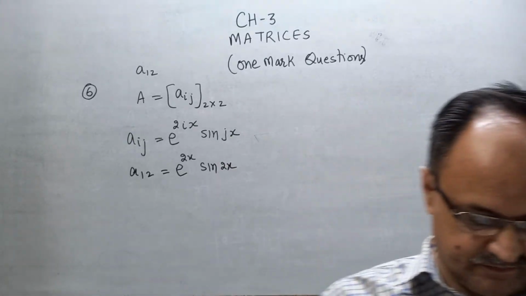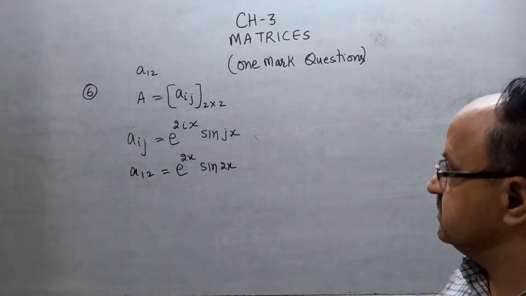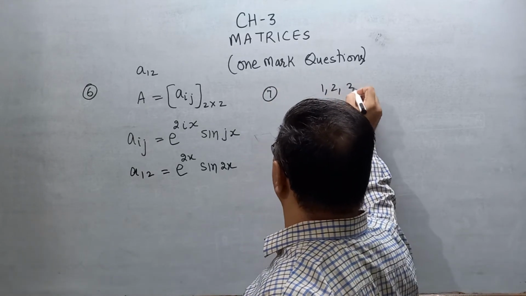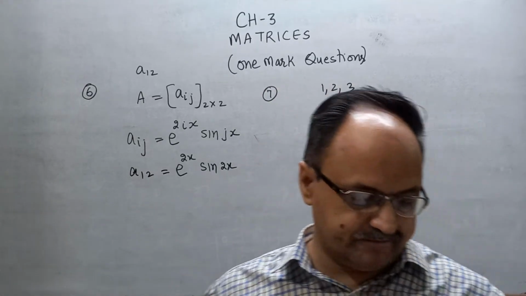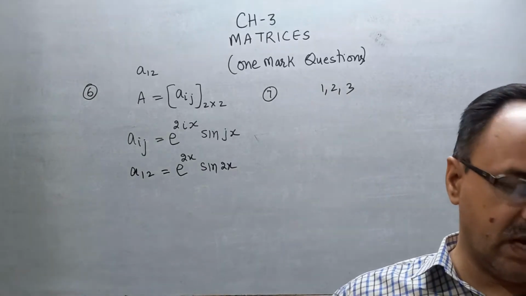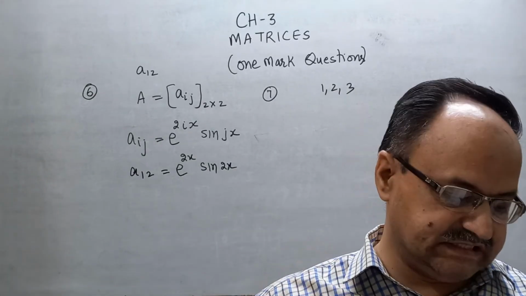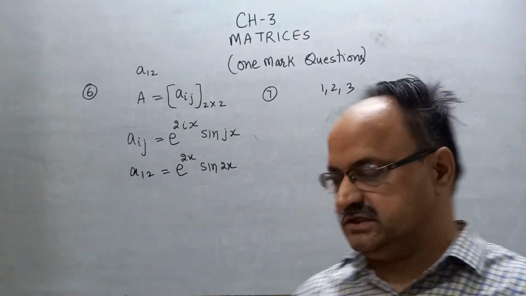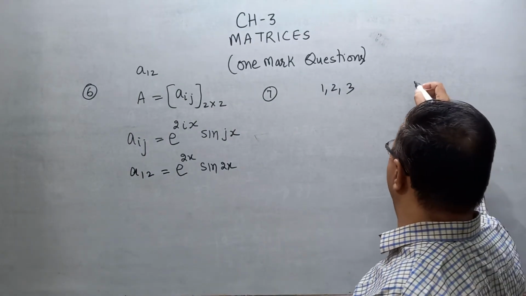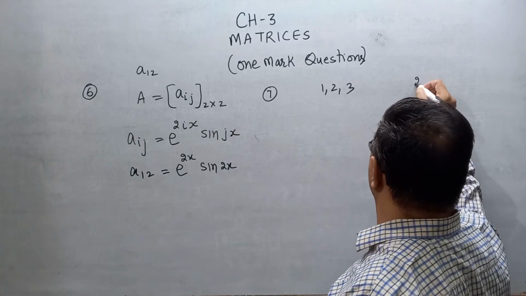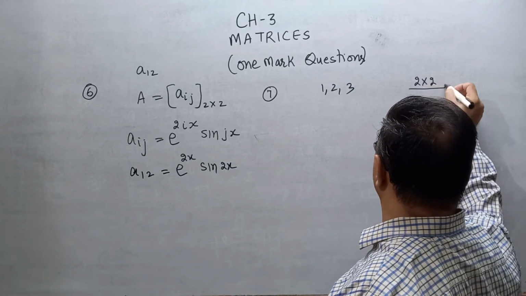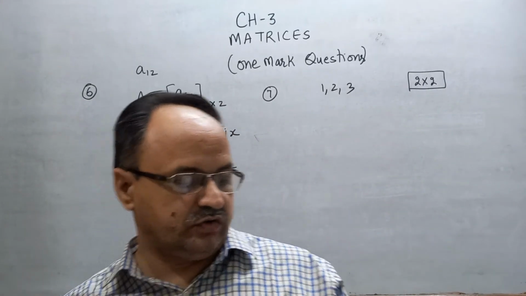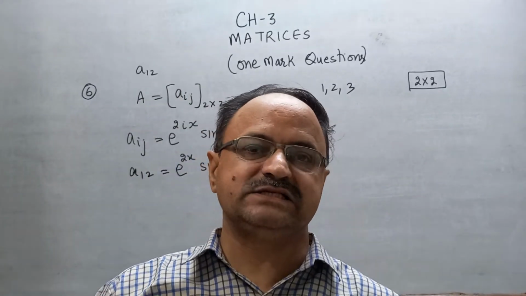Simple question. Next question. Question number 7. Write the number of all possible matrices of 2 cross 2 with each entry 1, 2, 3. Write all the possible matrices of 2 cross 2.